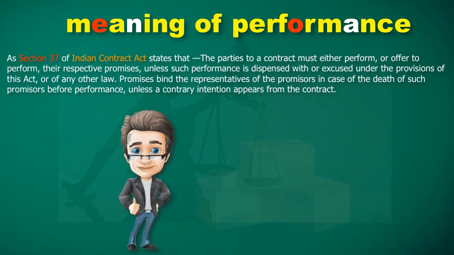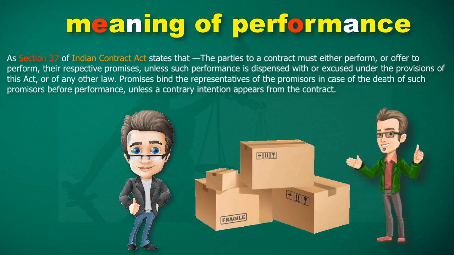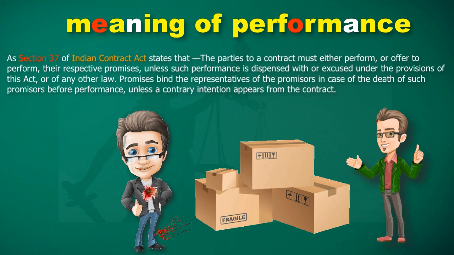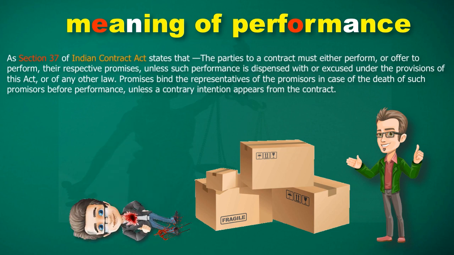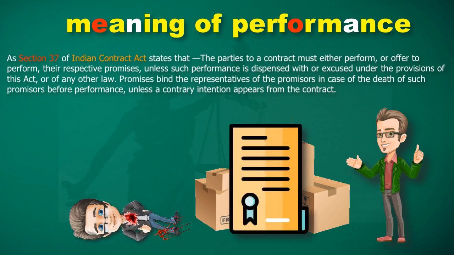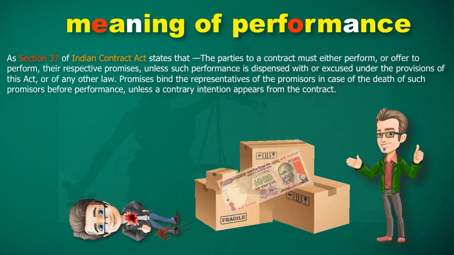A promises to deliver goods to B on a certain day on payment of ₹1000. A dies before that day. A's representatives are bound to deliver the goods to B, and B is bound to pay the ₹1000 to A's representatives. To understand this, look back at the definition we have studied.